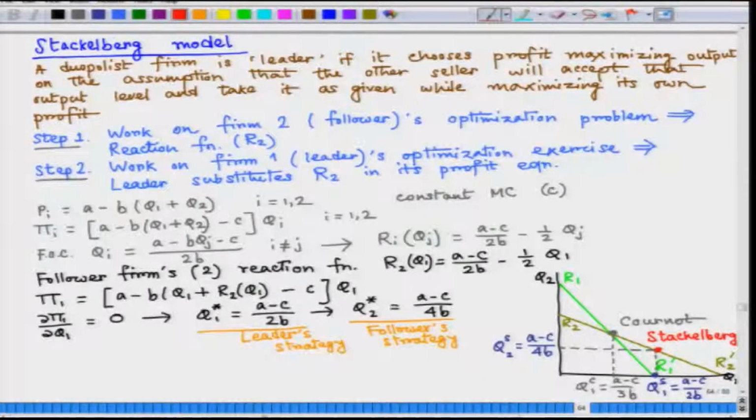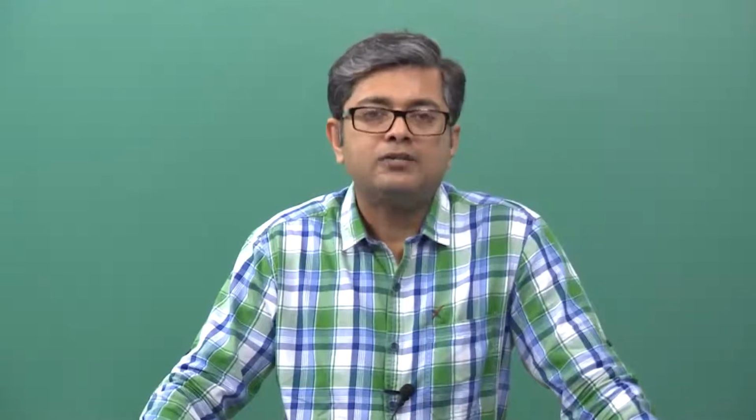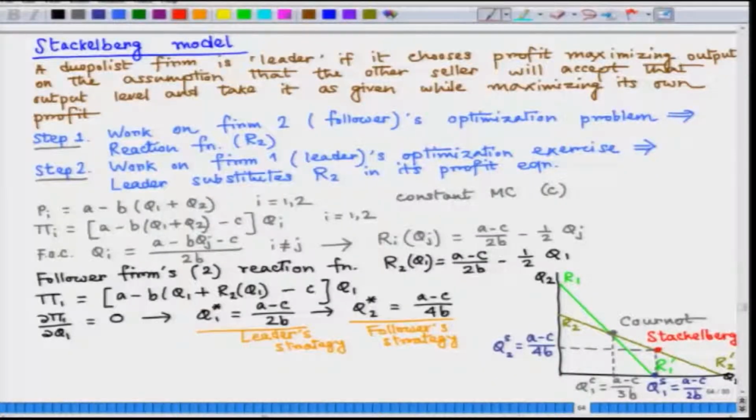So, basically the leader firm chooses a particular point on the reaction function of the follower firm so as to maximize its own profit, and that has an implication on the profit levels of these competitor firms. So, now we are going to compare our model outcomes.